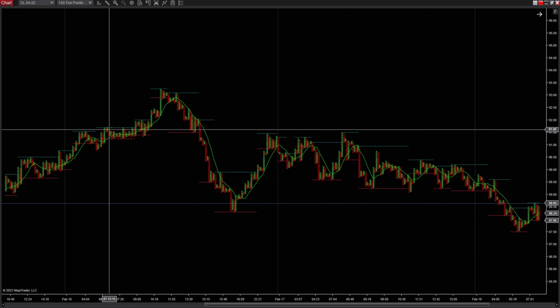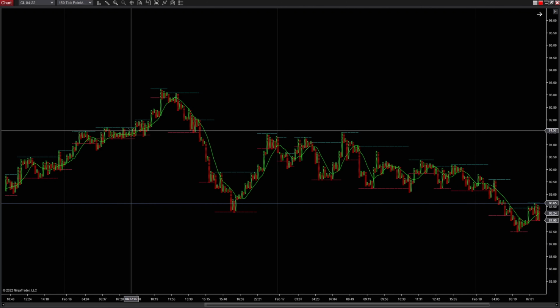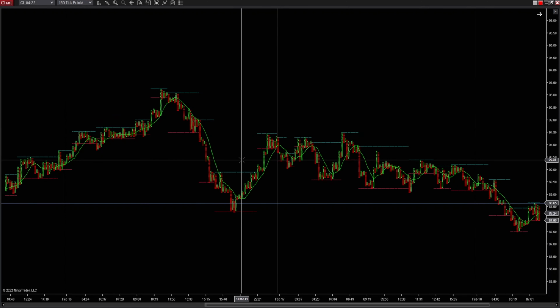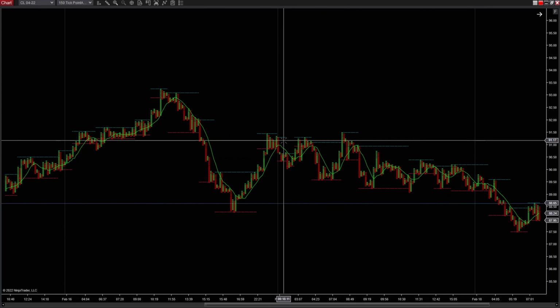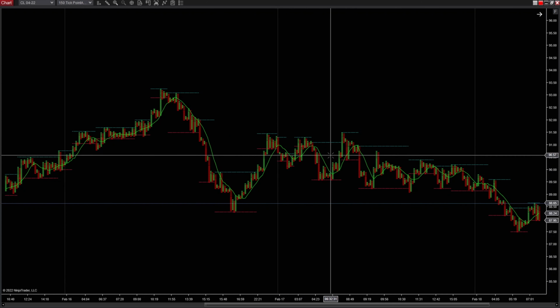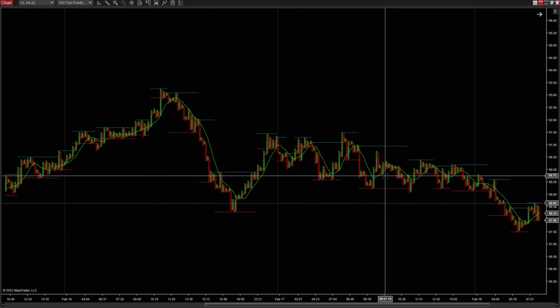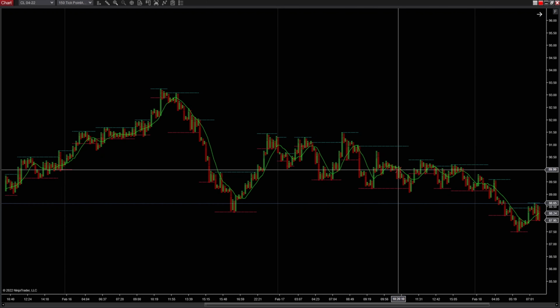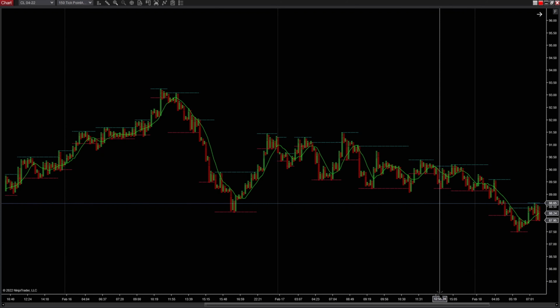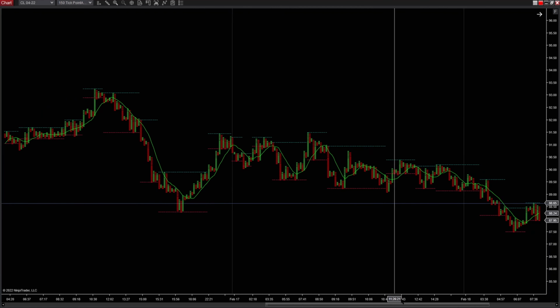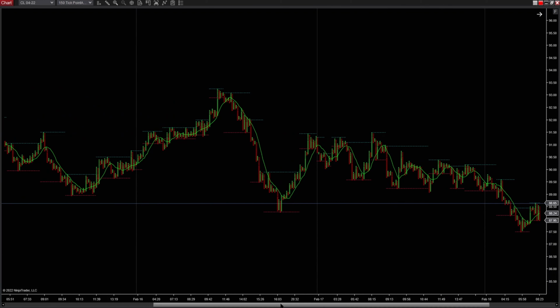Now again, you could be in and out, in and out, multiple times, especially if this is choppy, like in this area here, you could make money, but I prefer to trade Renko charts instead of point and figure.